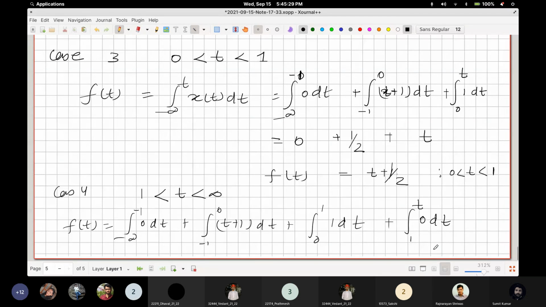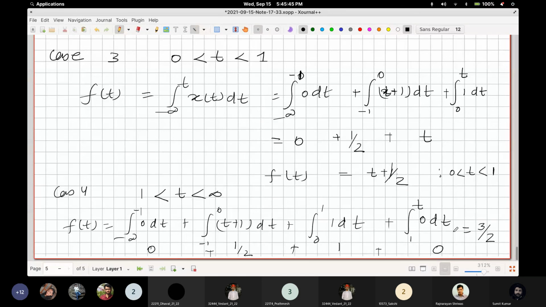So this part is 0, this part is 0, this is half, this is 1, right? In total this will be equal to 3 by 2.